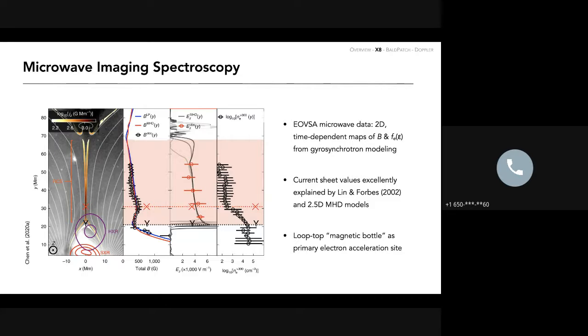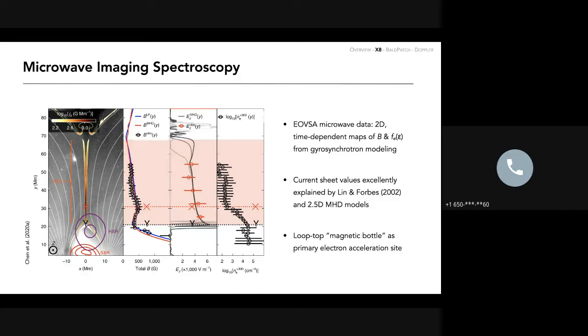Now, from the observation, if you assume a typical inflow magnetic field and a guide magnetic field, you can estimate the electric field by V cross B. That is shown as the red symbols in the third panel, and that also agrees extremely well with the MHD prediction of the electric field in and out of the plane of the sky.